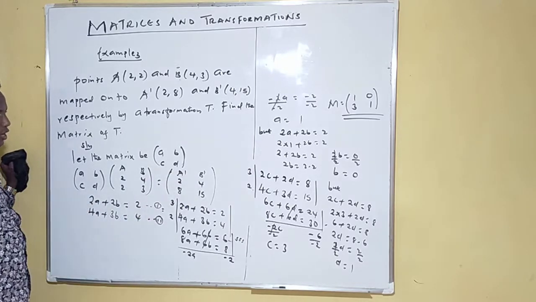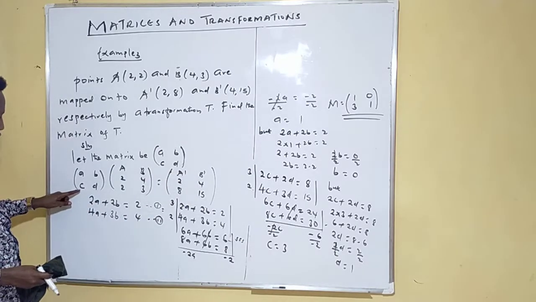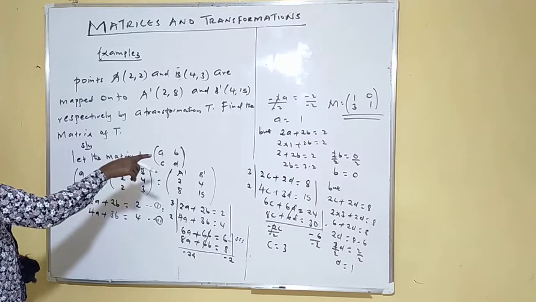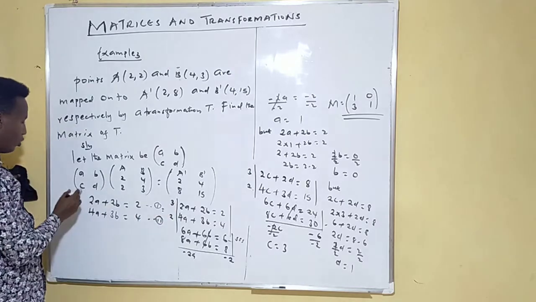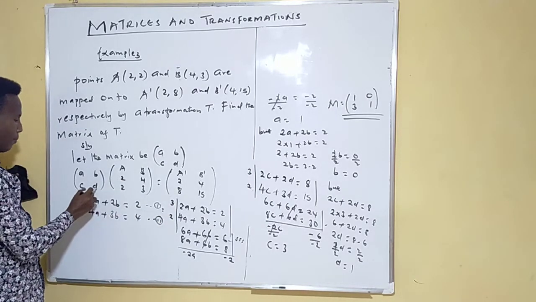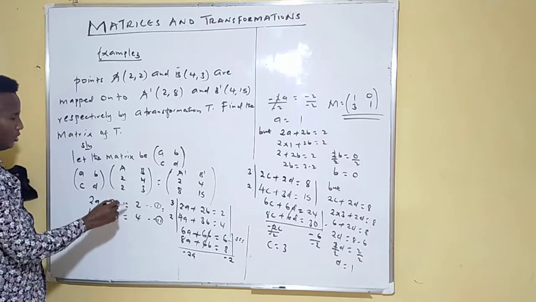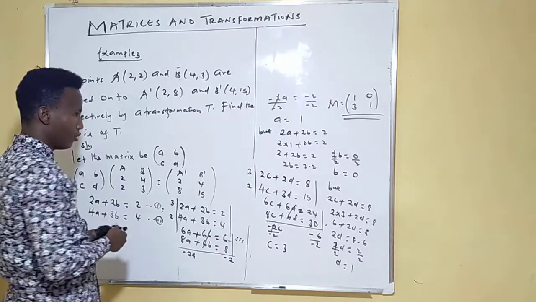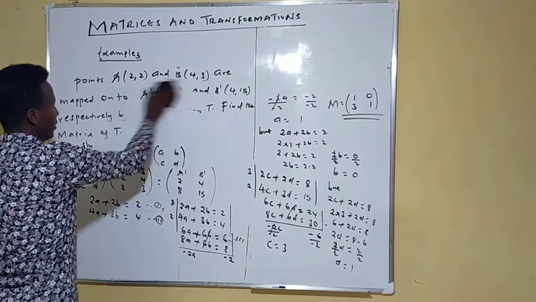Then you solve to get a and b. After that, you move to this one: c times 2, 2c plus 2d, equal to the first one. Again, 4c plus 3d is equal to 15. Then you solve your equations simultaneously. That's the case here.